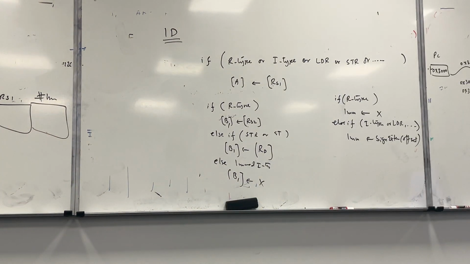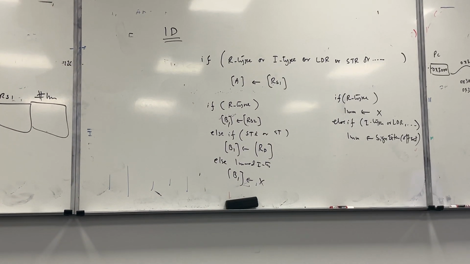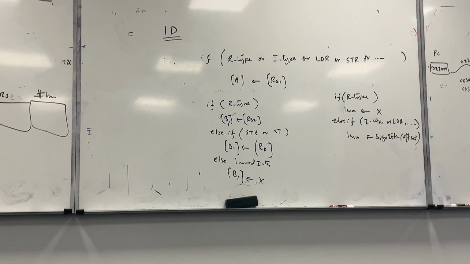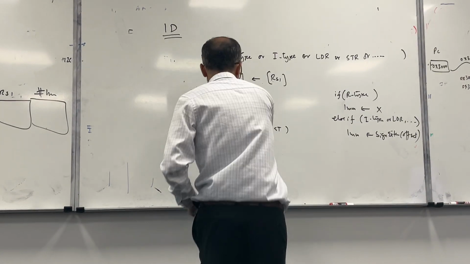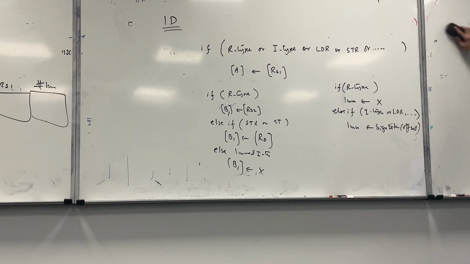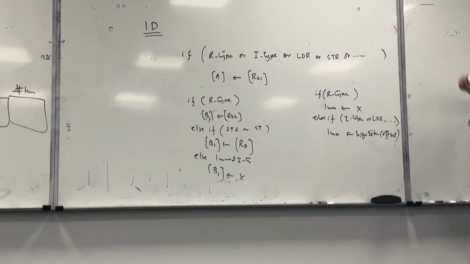Clear or not clear? Now we go to which stage? Now which stage is this? Decode. Now I am going to the execute stage in the next clock cycle. We go to the execute stage now.